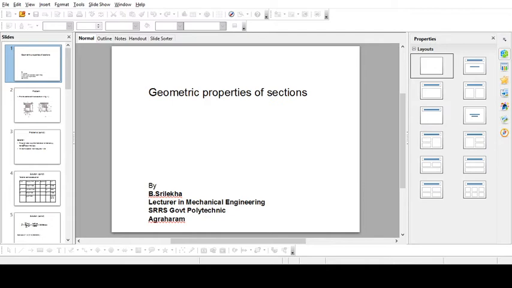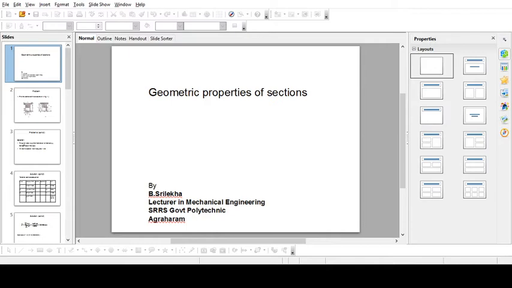Next, we also discussed centroid. The centroid is defined as that point where the whole area of the figure is said to be concentrated. We also discussed the centroid for simple plane geometric figures such as a rectangle.